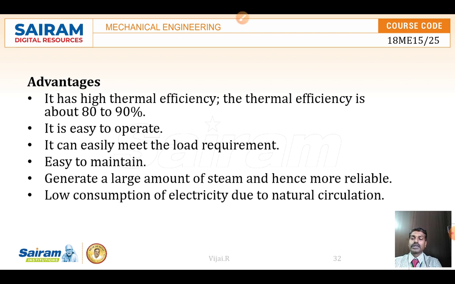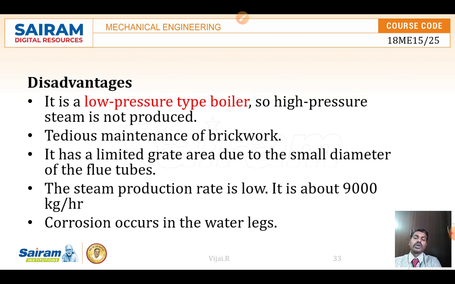The advantages are that it is easy to operate, it can easily maintain the load requirements, it has high thermal efficiency, and the fuel consumption is very low. The disadvantages are that it is just a low pressure boiler; we cannot produce high pressure steam in this.